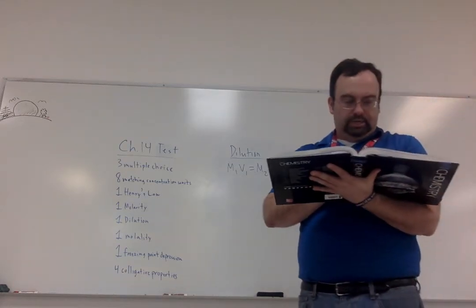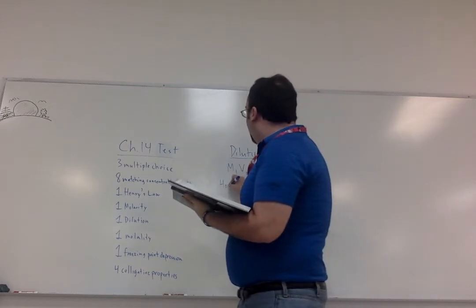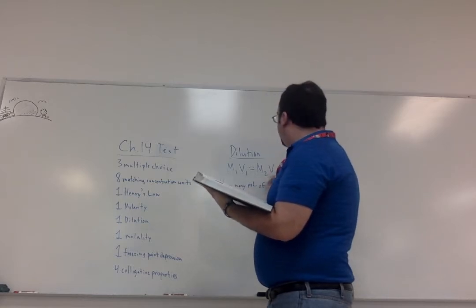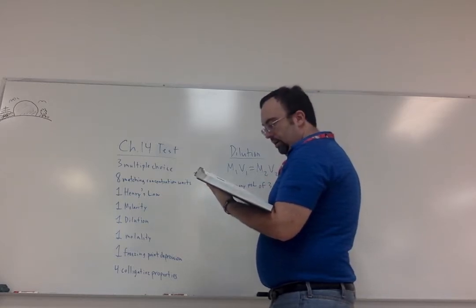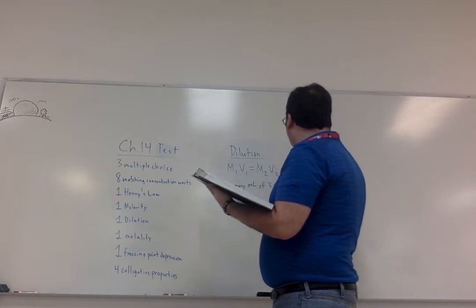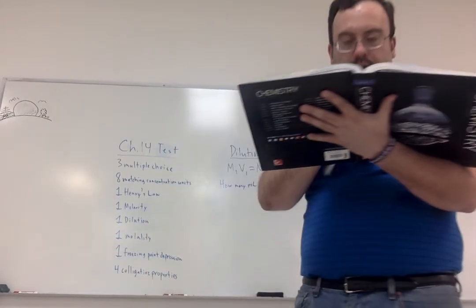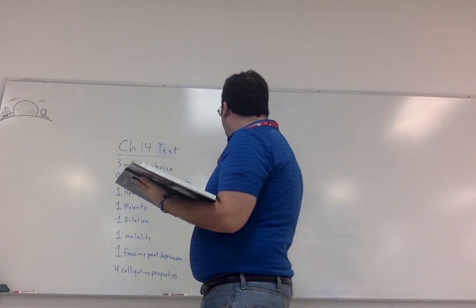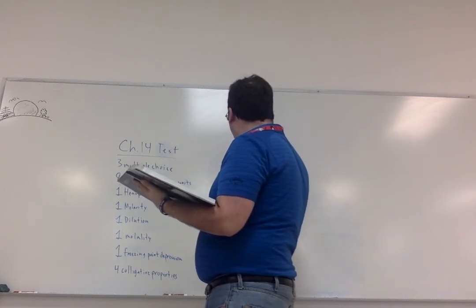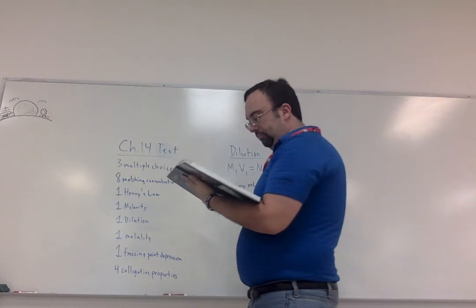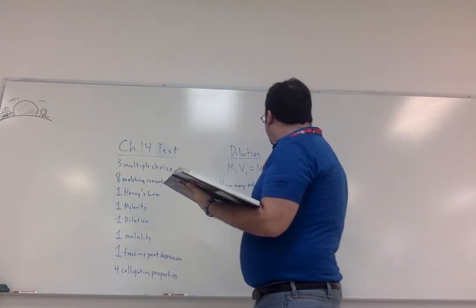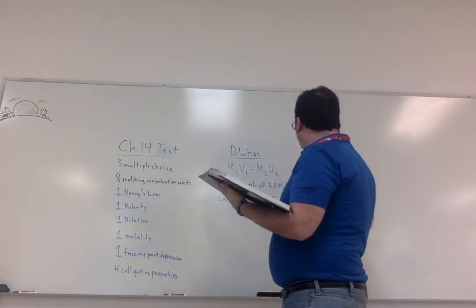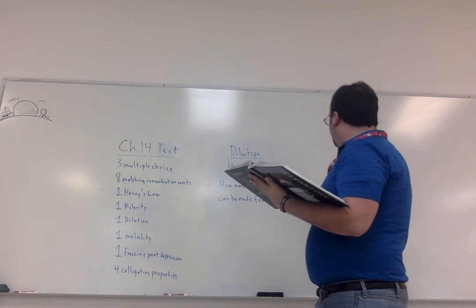All right. The question: how many milliliters of 3.0 molar H3PO4 can be made from 95 milliliters of 5.0 molar H3PO4.